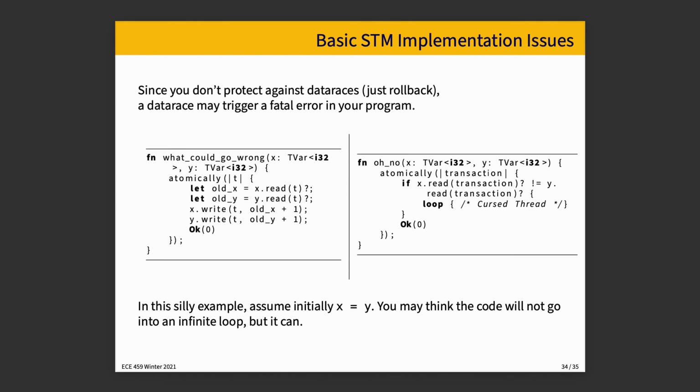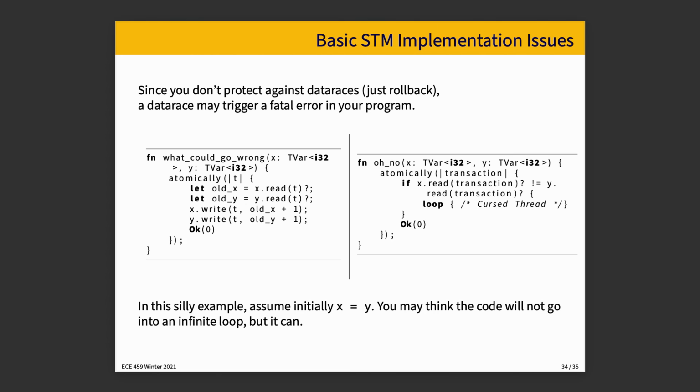And that is highlighted here in this example where we have on the left function what could go wrong and on the right function, oh no. Where in the left function we will try to atomically increment the values of x and y, right? Given these two variables, we will read the old value, we will write the new value as old x plus 1, old y plus 1, and we say okay.